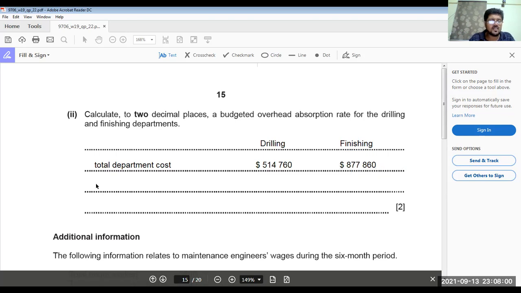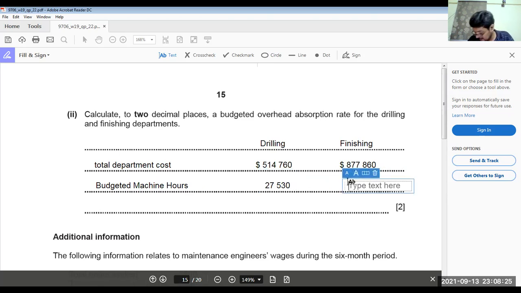Okay. Now, the basis of apportionment is budgeted machine hours. Budgeted machine hours, how much is it for drilling department? 27,530.